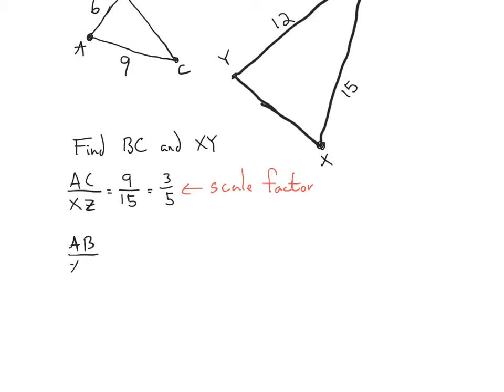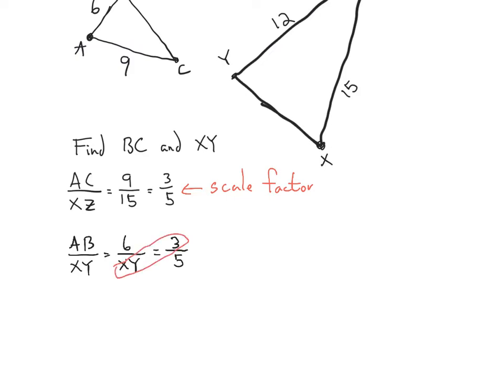So AB over XY, well, we know AB is 6. We don't know the length of side XY, but we know that has to equal our common ratio. The ratio between any two corresponding sides has to be 3/5. So now we just solve this equation for XY.